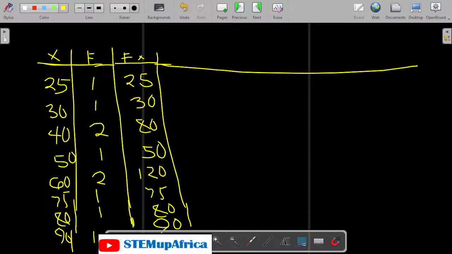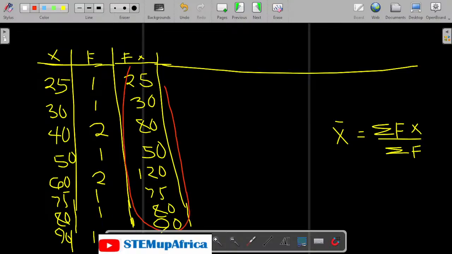So the next thing now, let's find our mean. My x bar, which is the mean, is summation fx over summation f. Summation fx means I'm going to add all these numbers here. Summation f, I will add all these numbers here. So let me add up: 25 plus 30 plus 80 plus 50 plus 120 plus 75 plus 80 plus 90.